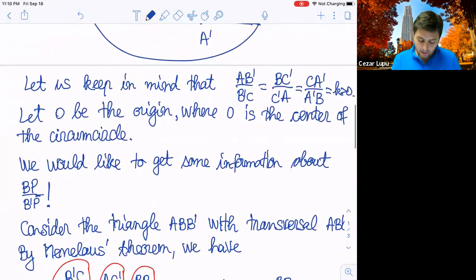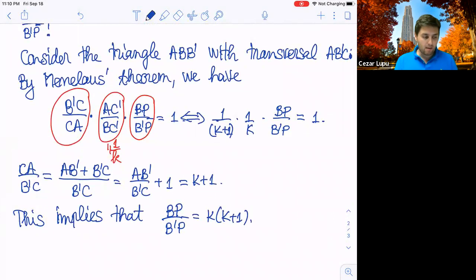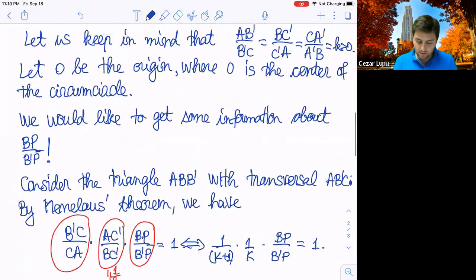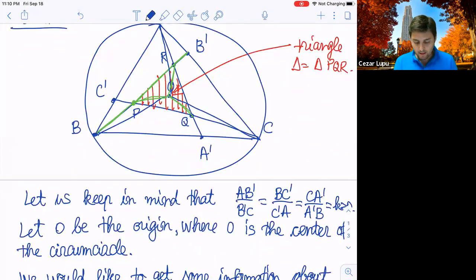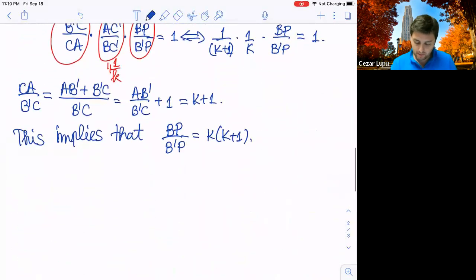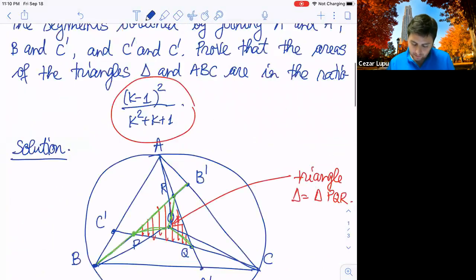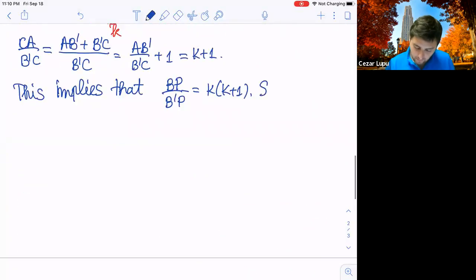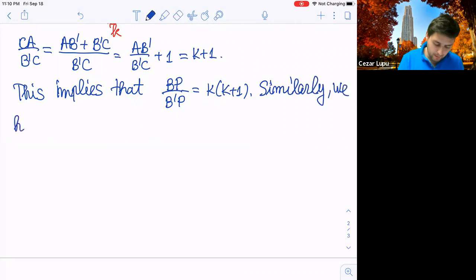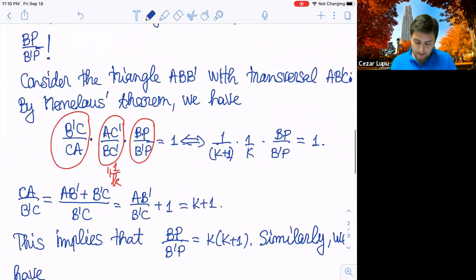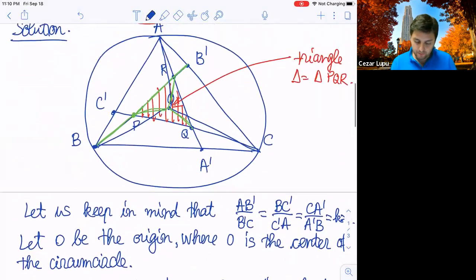All right, now you can write the analogs of this. They will be the same. Similarly, let's look at the picture.